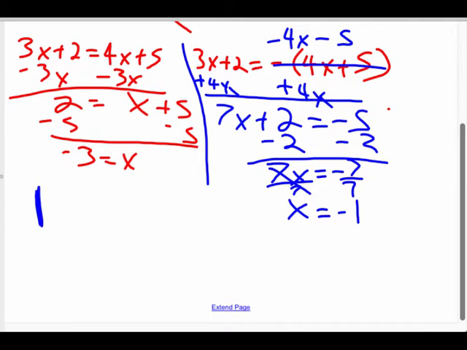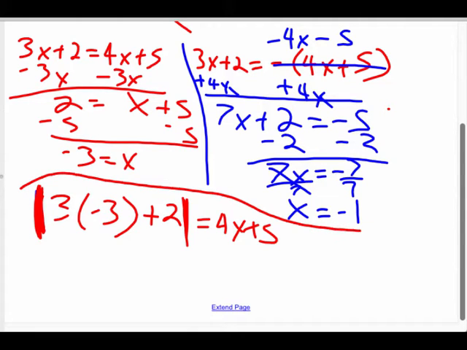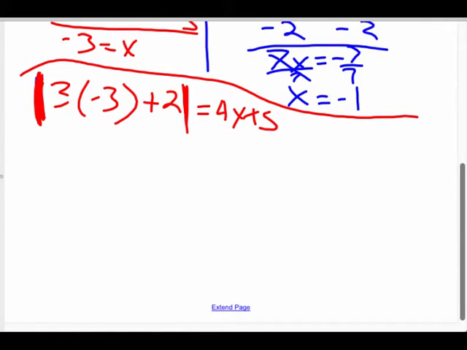Let me learn from my previous mistake. I'm going to say the absolute value of 3x, but I'm going to try negative 3 plus 2. And it should equal 4x plus 5. All right, so we're going to try something new here. This becomes negative 9 plus 2.